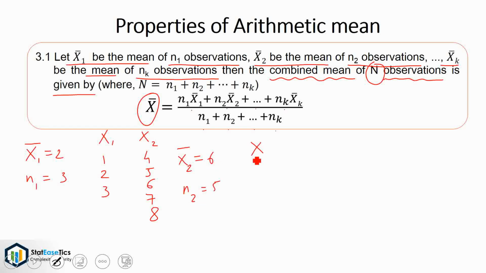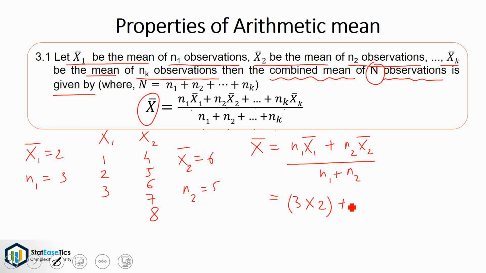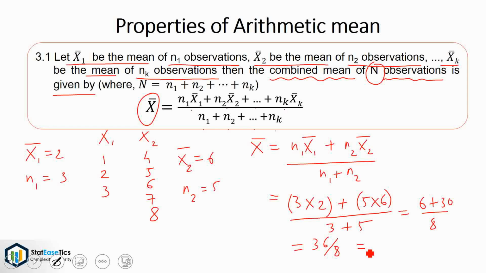Now the combined mean x bar is equal to n1 x1 bar plus n2 x2 bar divided by n1 plus n2, which is equal to 3 into 2 plus 5 into 6, divided by 3 plus 5, which is equal to 6 plus 30 divided by 8, which is equal to 36 divided by 8, which is equal to 4.5.